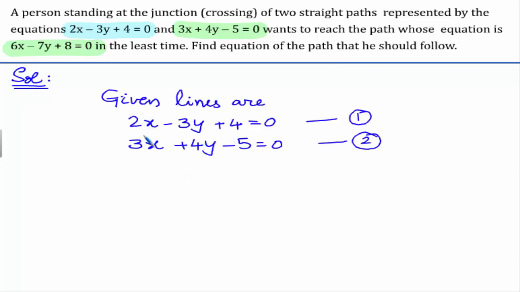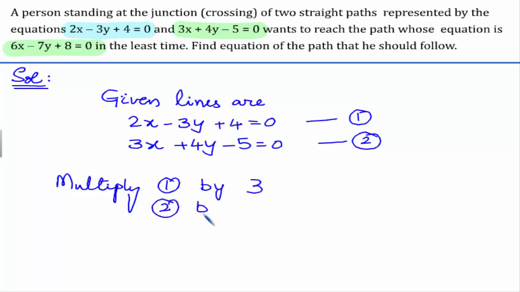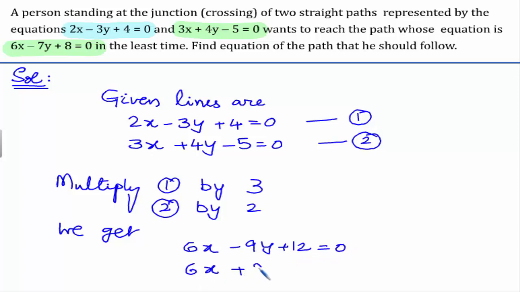Now the given lines are 2x minus 3y plus 4 is equal to 0 and 3x plus 4y minus 5 is equal to 0. Let us solve these two equations. Now multiply the equation number 1 by 3 and equation number 2 by 2, and we get 6x minus 9y plus 12 is equal to 0, and we get here 6x plus 8y minus 10 is equal to 0.